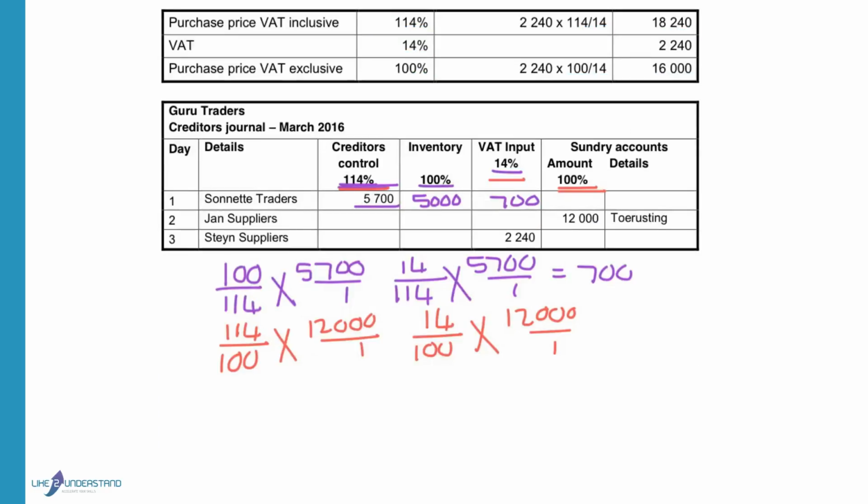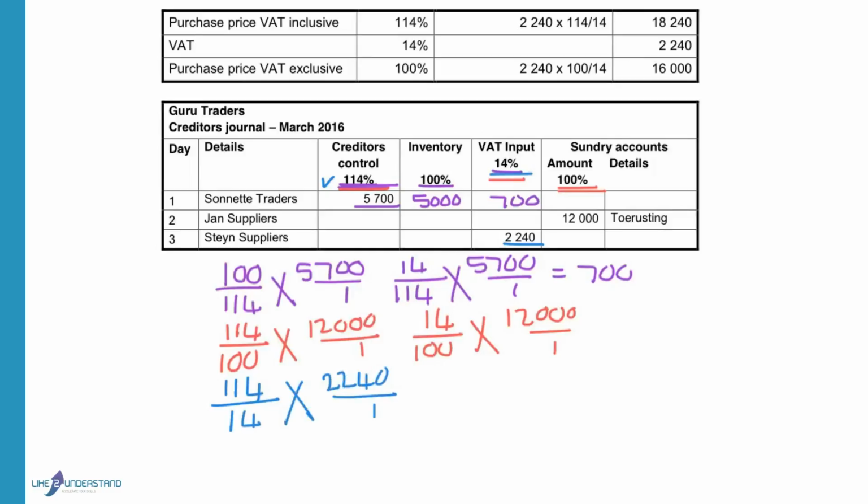If we want to do the calculation directly in the creditors journal, the amount given is the VAT input. So if I want to know what is the total amount that I owe the creditors, I want to know what is the 114%. The one that we know is 14%, so I divide by 14 times 2,240.